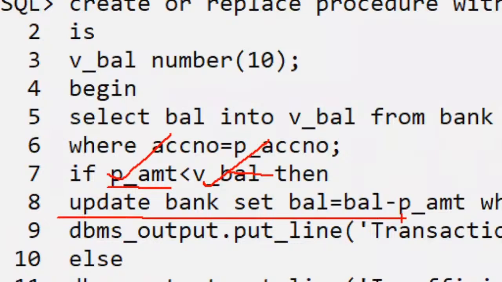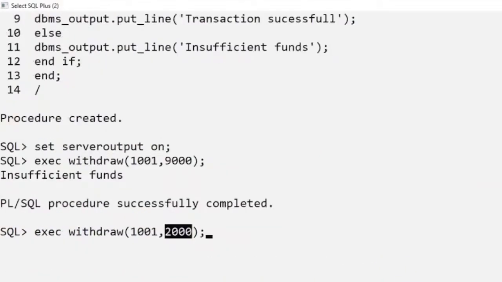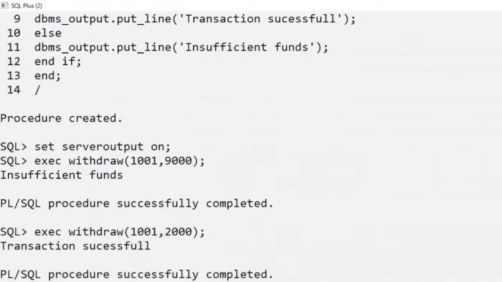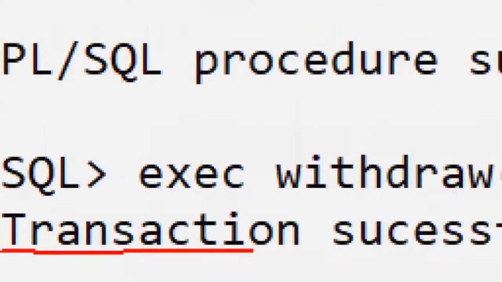Updating means modifying that. Transaction is successful. Now whenever I'm executing, automatically it will display transaction successful.